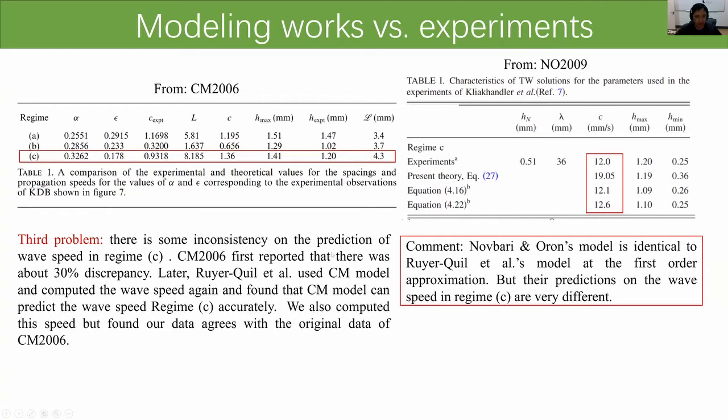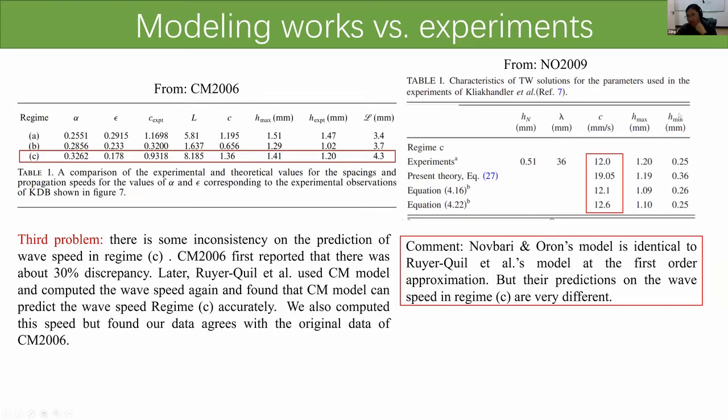Another problem, actually I call this the third problem, is that the predicted wave speed in flow region C is not consistent. In 2006, Crest and Mata predicted the wave speed to be about 30% to 40% higher than the experimental value, while Rilke et al. used Crest and Mata's model and recomputed the wave speed.